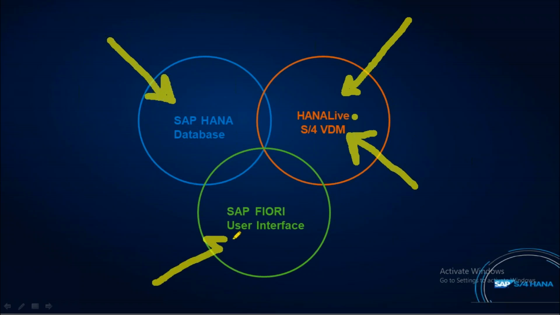Then whatever views that we create or queries that we design will be consumed in the SAP Fiori user interface. So SAP Fiori today is the new presentation layer. Whether we want to execute a transaction or we want to see a financial statement report, right?